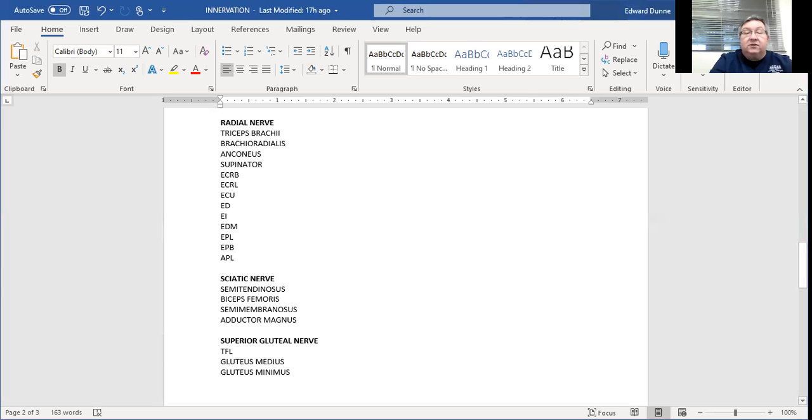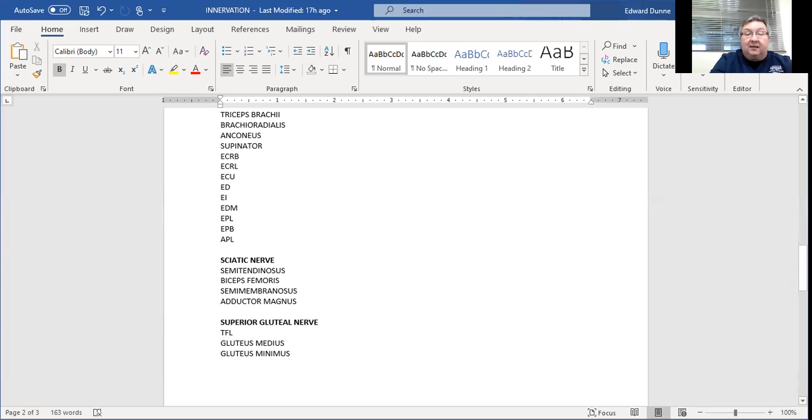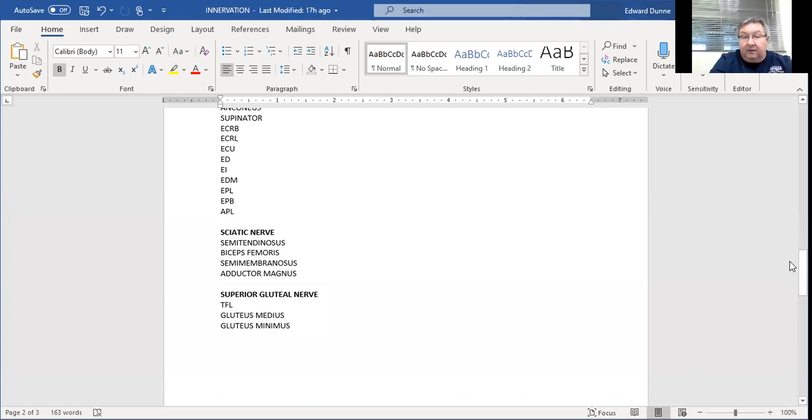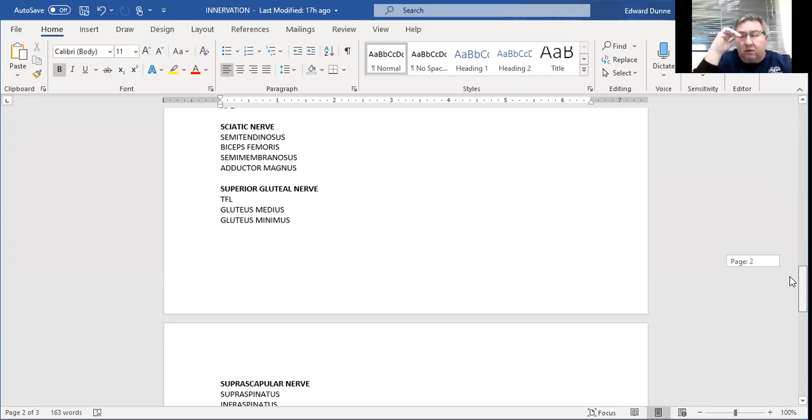One of the most important nerves in the body and one of the longest nerves in the body is the sciatic nerve. Now, you will learn that there are different parts of the sciatic nerve. You'll learn about that a little bit later on. But right now, all I need you to know is that the sciatic nerve innervates a lot of the big muscles of the lower extremity.